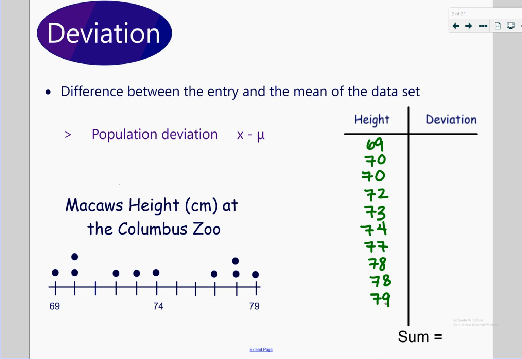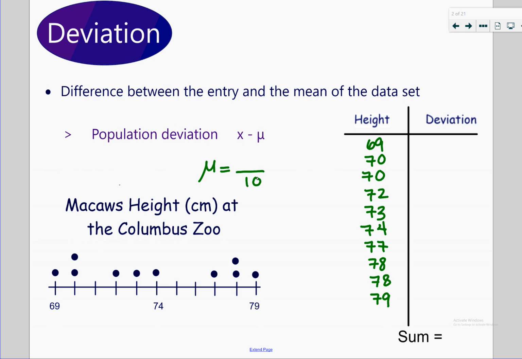The next thing we need to do is find the mean. And they're using the population symbol here because this must be all of the macaws at the Columbus Zoo. So we need our calculator to do that. I'm going to count up how many there are: 1, 2, 3, 4, 5, 6, 7, 8, 9, 10. Nice, pretty number.